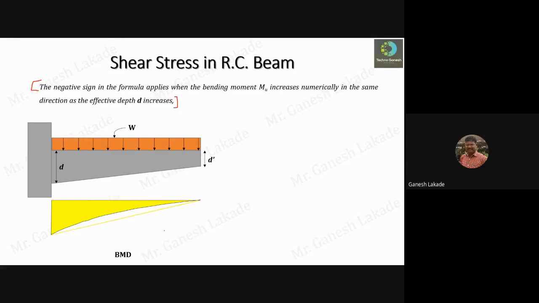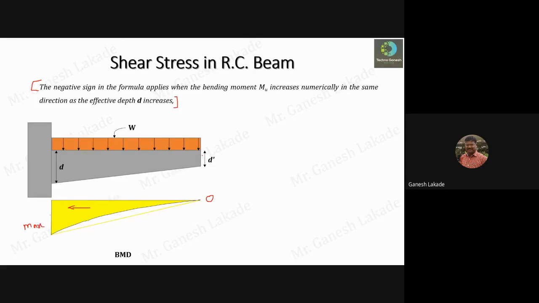Okay, meaning that when you go from this free end to the support, the bending moment is increasing. Here the bending moment is 0 and at this end it is maximum.